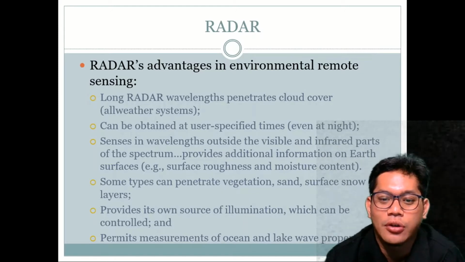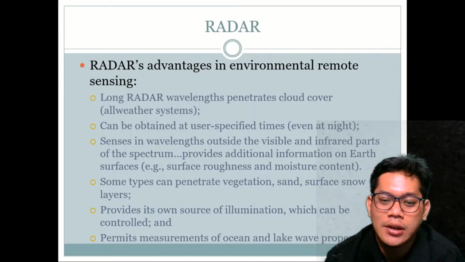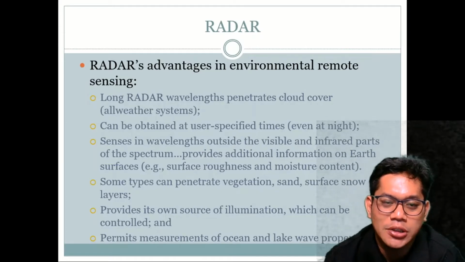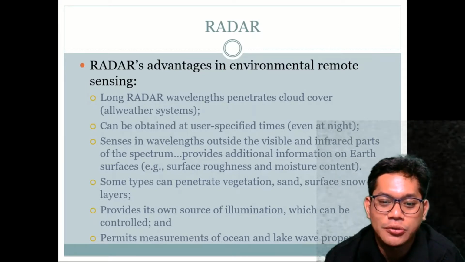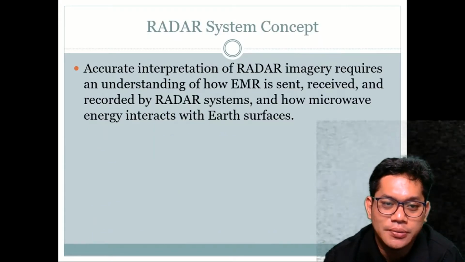It has its own source of illumination. And one thing is, the radar data is captured through an oblique or side view, as opposed to normal remote sensing, which is vertical. Therefore, it is able to measure ocean and lake wave properties.